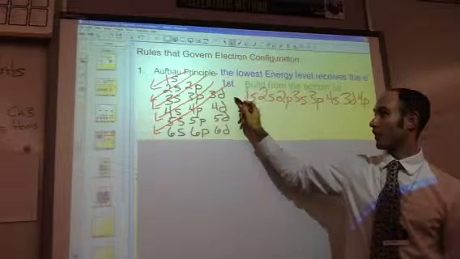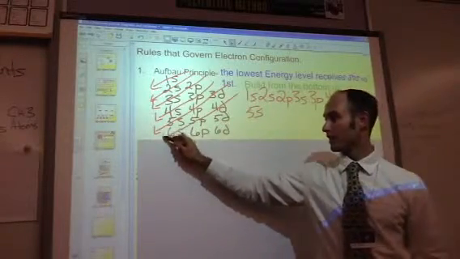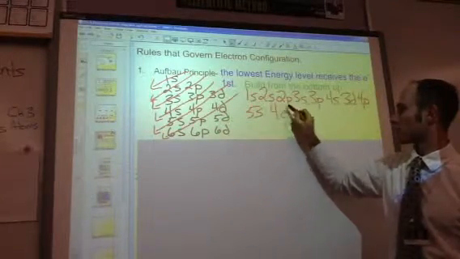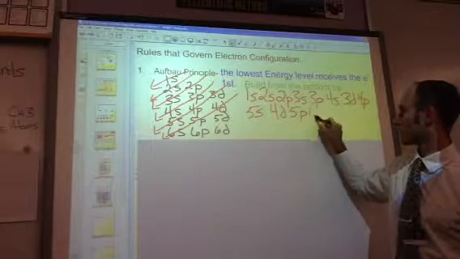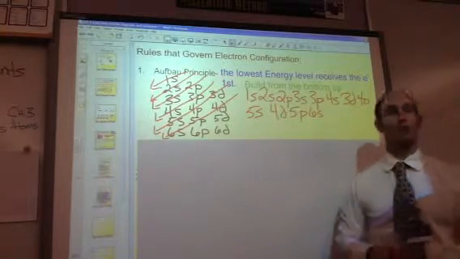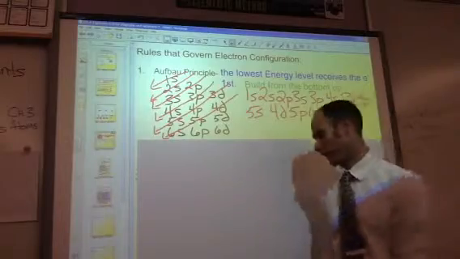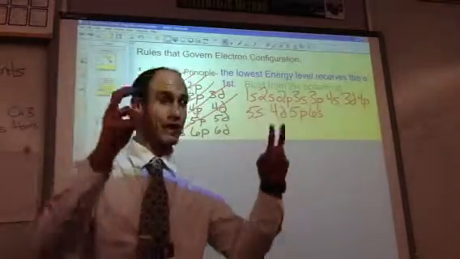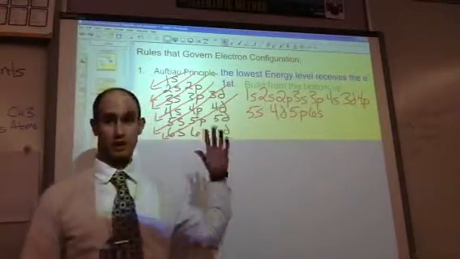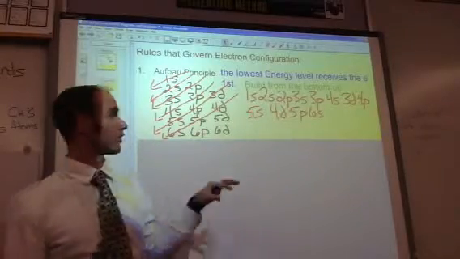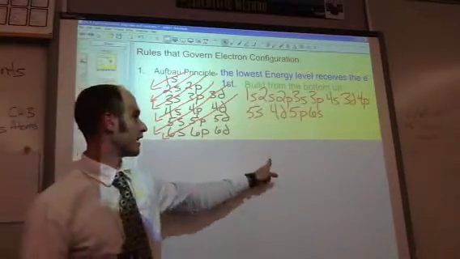Then 4d, 5p, 6s. And for us, that's as high as we will go, ever, for any of the electrons' street addresses or electron configurations, in that order, all right? So we can use that diagram to help us get there.